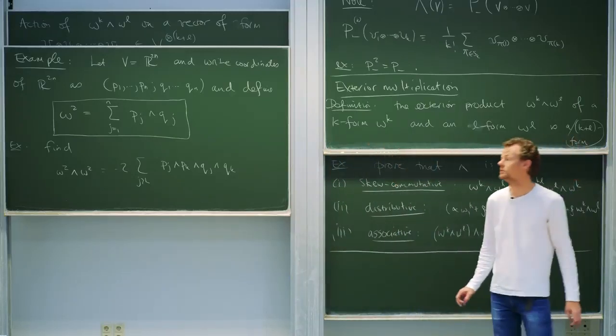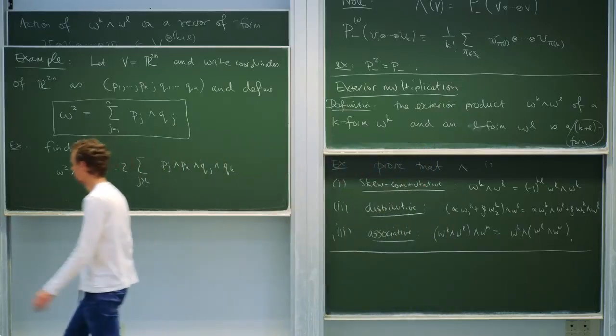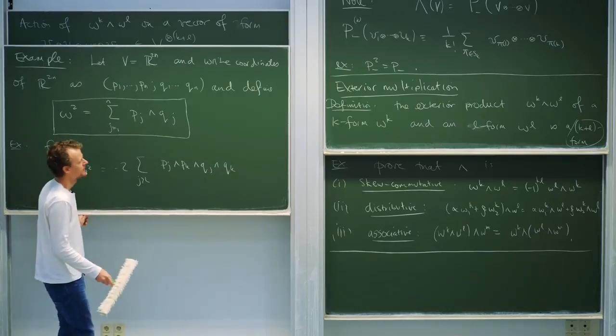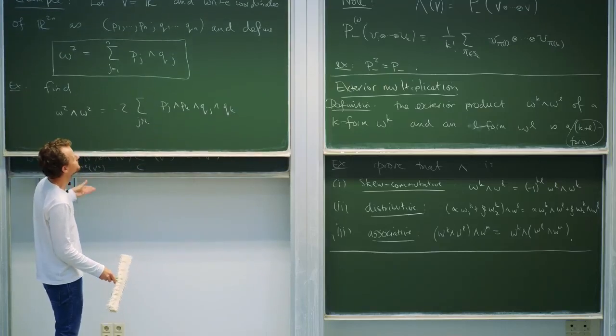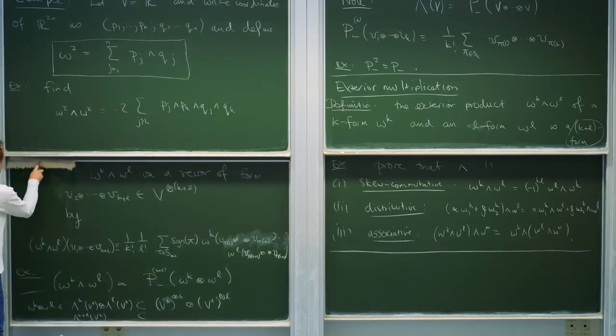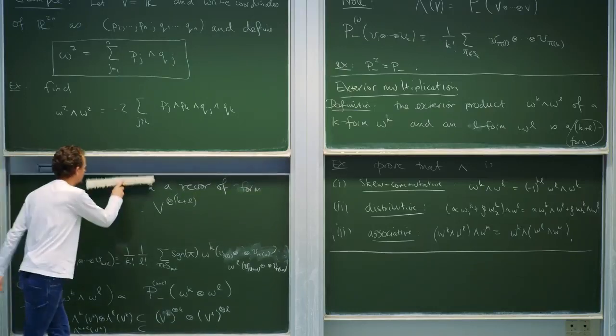All right, I've got two more topics to cover before the end of today. So we have this very lovely vector space of exterior K-forms.